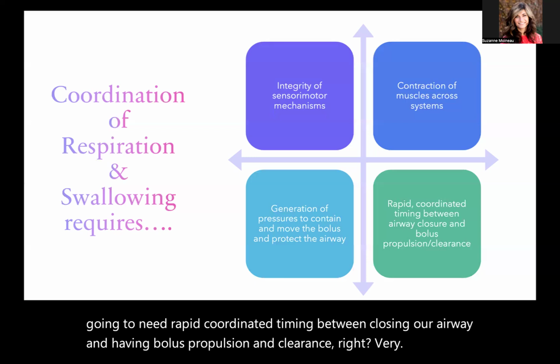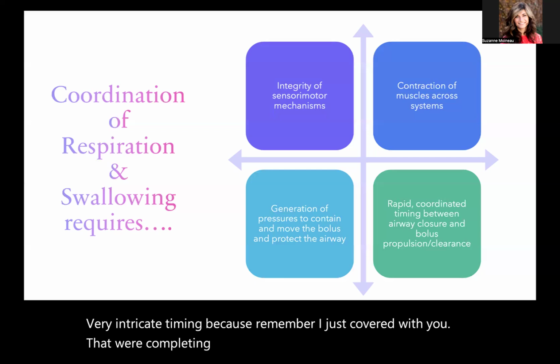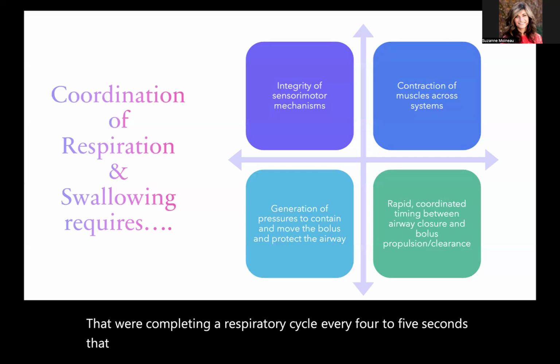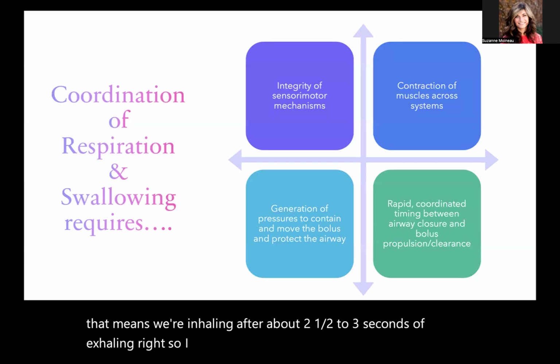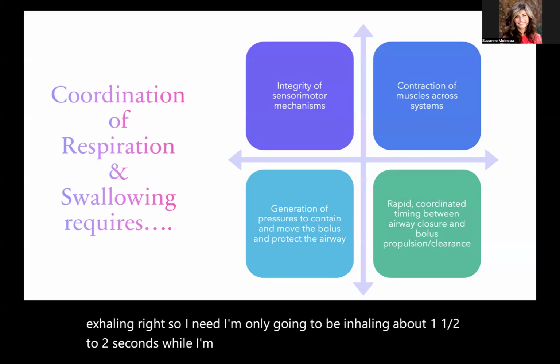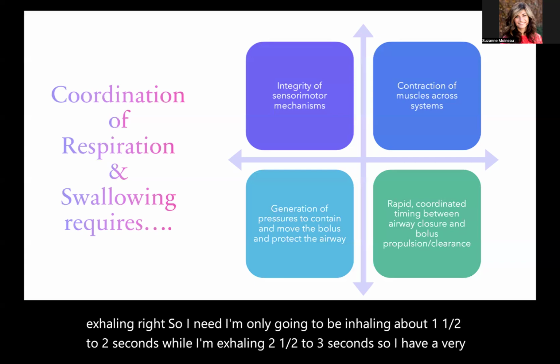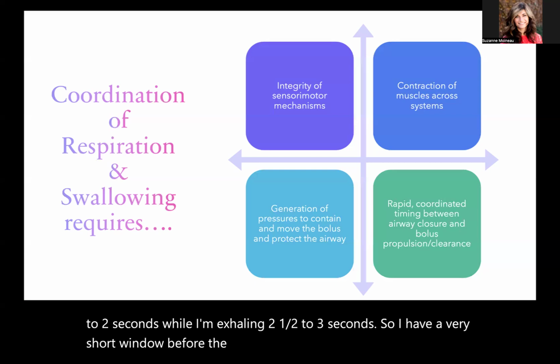Very intricate timing, because remember, I just covered with you that we're completing a respiratory cycle every 4 to 5 seconds. That means we're inhaling after about 2.5 to 3 seconds of exhaling, right? So I'm only going to be inhaling about 1.5 to 2 seconds while I'm exhaling 2.5 to 3 seconds. So I have a very short window before the body needs to inhale again.